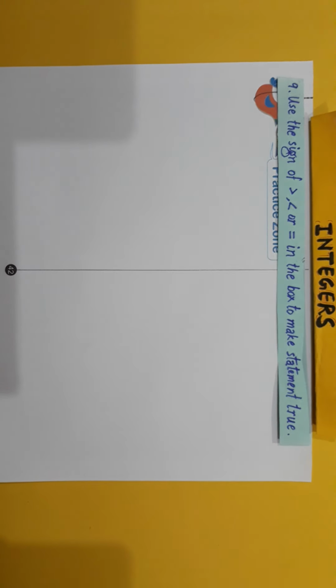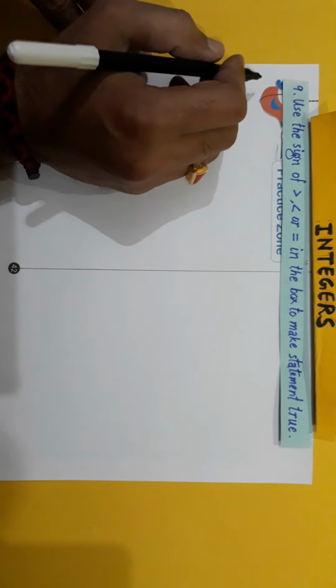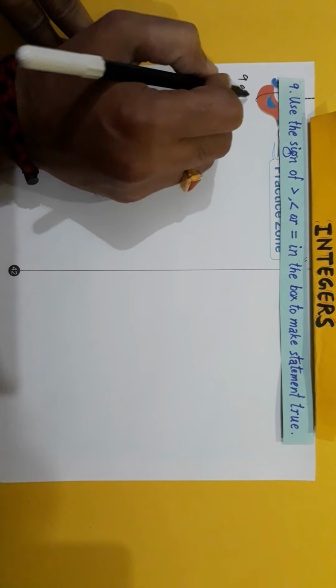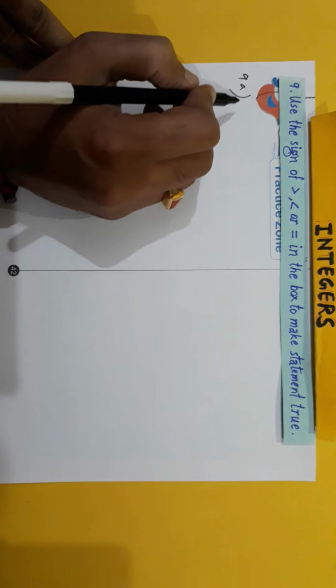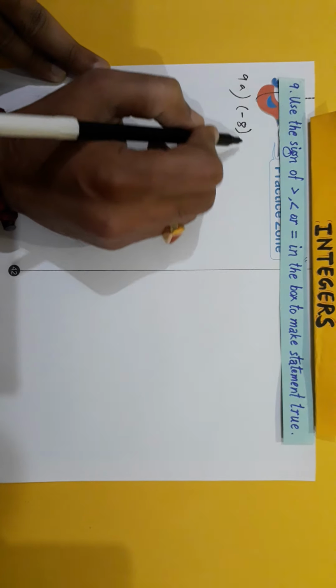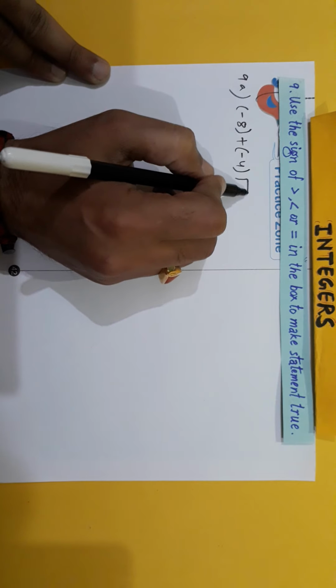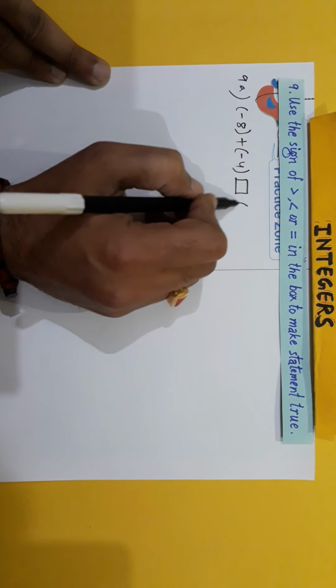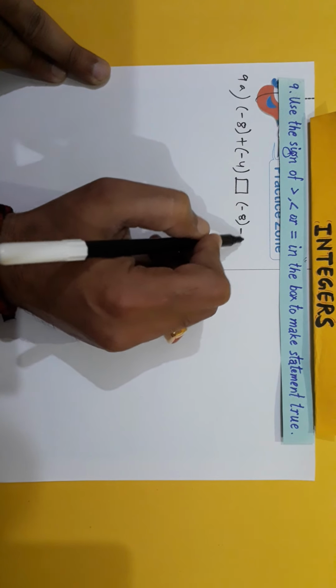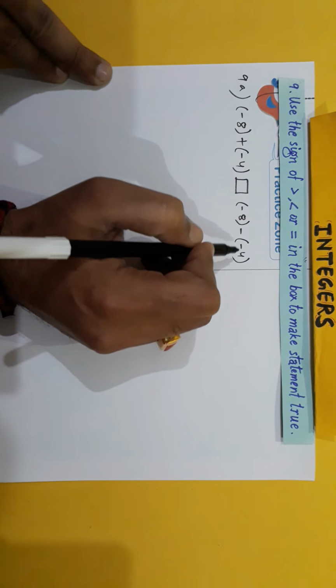In question number 9, what is supposed to be done is that here we have to put the sign of greater than, less than or equal to, and make the statements true. And here in part a, the question that is given is minus 8 plus (minus 4), then box, minus 8 minus (minus 4).